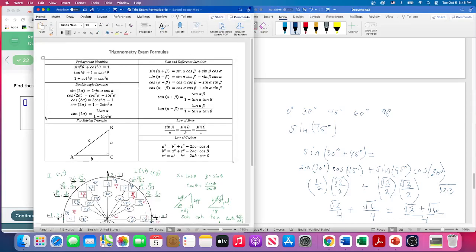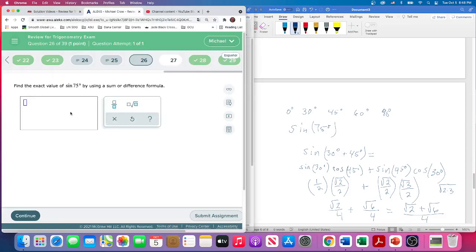I'm going to go with the second one. I think that's probably more in the lines of what they want. So square root of 2, plus square root of 6, and then we'll select it and do 4.